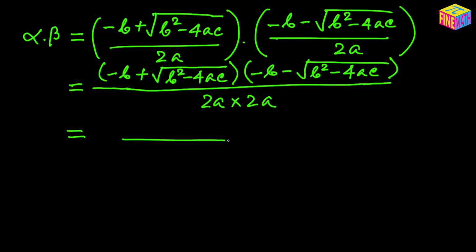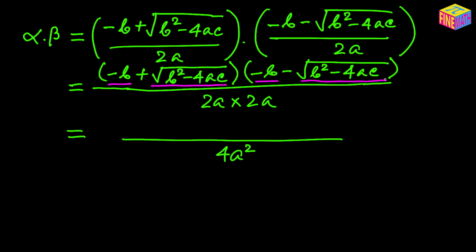In the denominator we have 4a squared. Now here in the numerator, if you carefully look at it, we have something plus another thing multiplied by something minus the other thing.